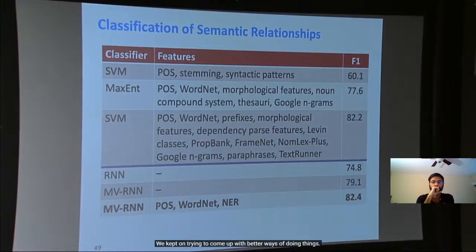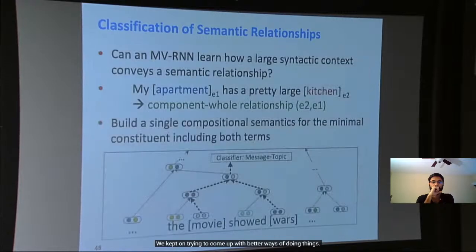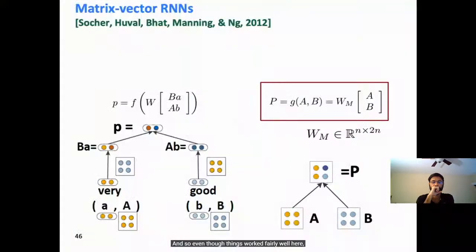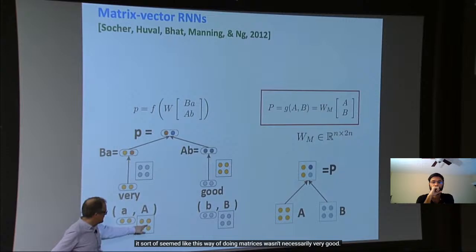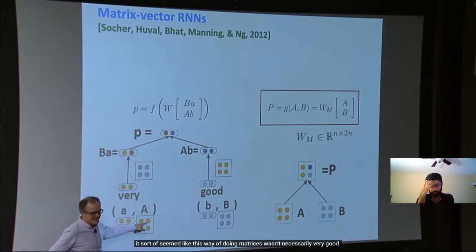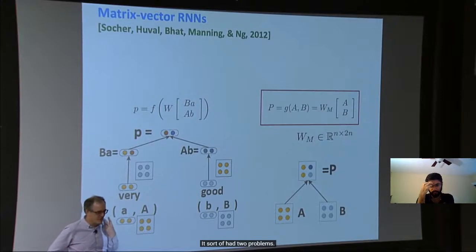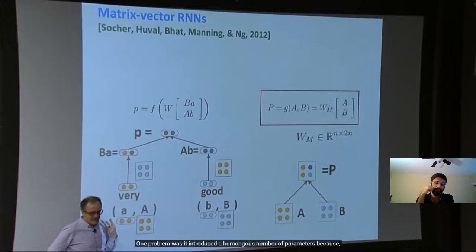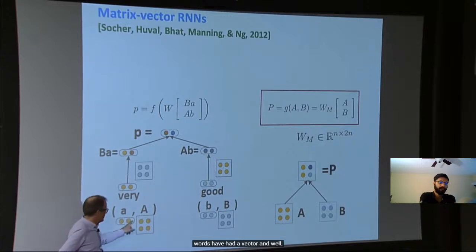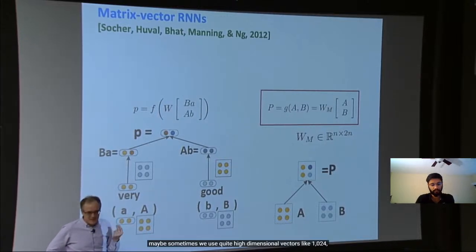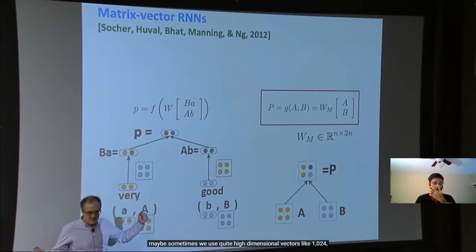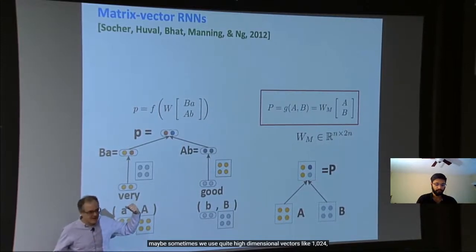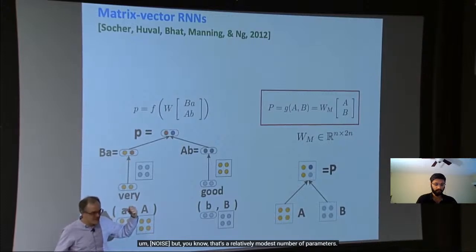We kept on trying to come up with better ways of doing things. Even though things worked fairly well here, it seemed like this way of doing matrices wasn't necessarily very good. It had two problems. One problem was it introduced a humongous number of parameters, because for just about everything we've done otherwise, words have had a vector. Maybe sometimes we use quite high dimensional vectors like 1024, but that's a relatively modest number of parameters.